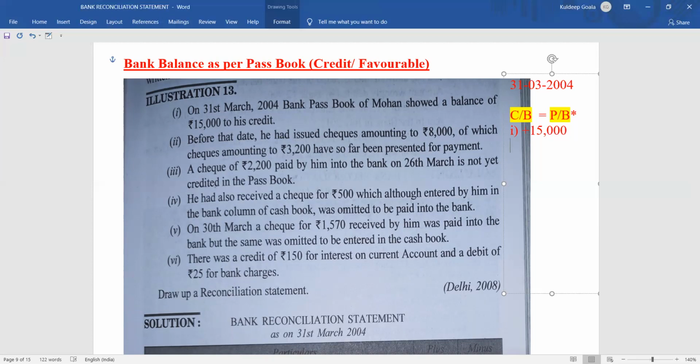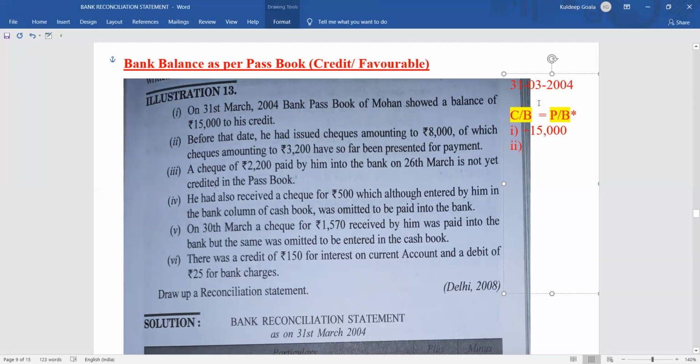If it is positive it will be plus, if it is negative, unfavorable, then it will be taken as a minus. Here it is credit, that means we have money, so it is a positive balance, that is why plus 15,000.